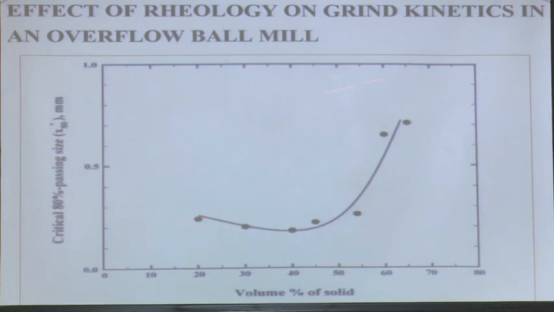If you go the other way, it is also coarser. So you have to stay within a zone defined by 40 to 45% solids volume by volume. This is the ideal operating zone for any overflow grinding. It is independent of feed characteristics, from the rheological point of view. It is the rheology which is impairing the breakage kinetics and in turn creating a coarser product.